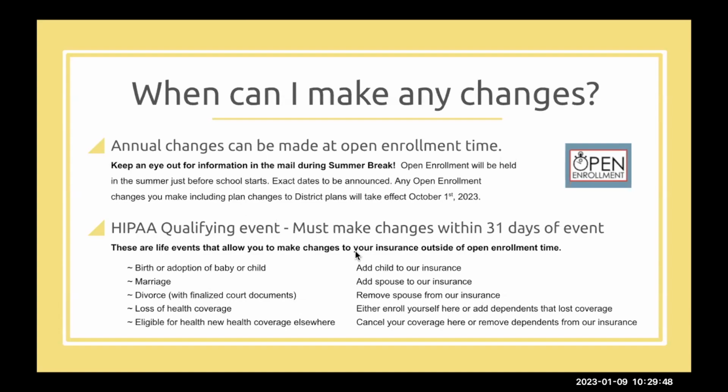If you lose coverage elsewhere, you're able to enroll here. If your dependents lose coverage elsewhere, like if they lost a job, they are eligible to enroll here. And vice versa. If you gain coverage elsewhere, you are able to cancel your coverage here. Or if your dependents get a new job and are covered for insurance, then you can remove them here at that time.